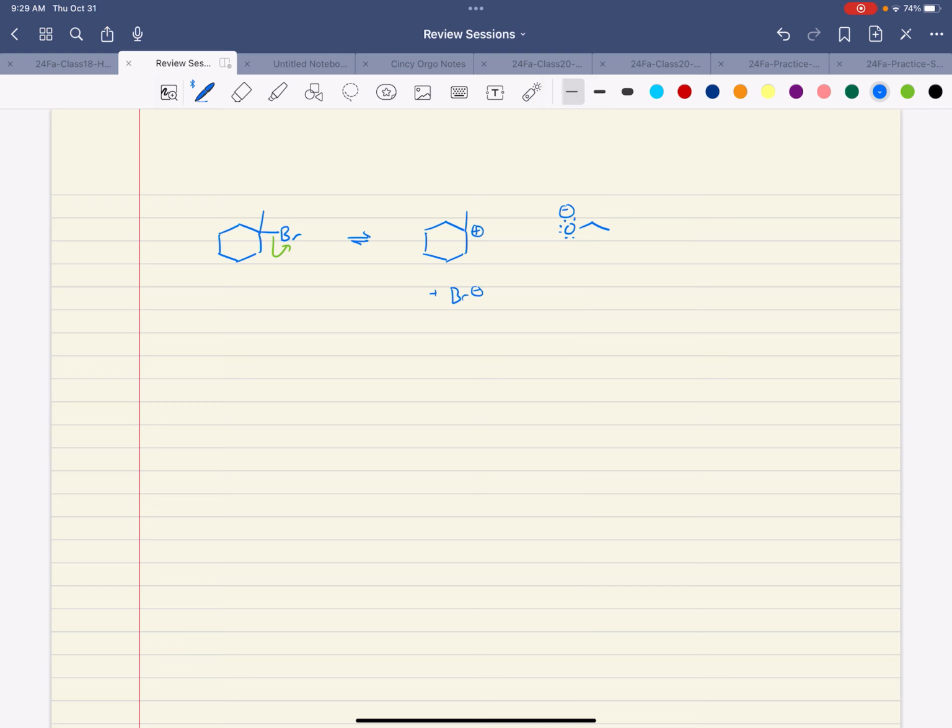In an SN1, your nucleophile waits. Mainly it waits because it's too crowded to hit the alpha carbon, right? This is the alpha. This is the alpha. The product, well, not the product, but the mechanism is that.